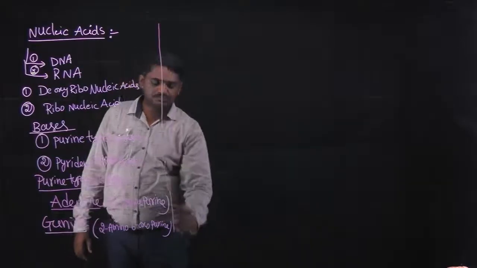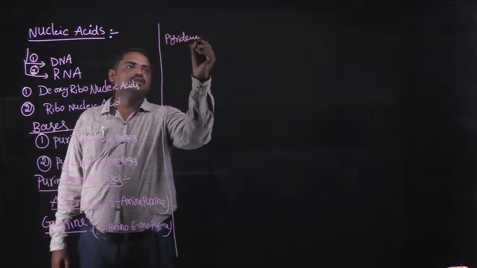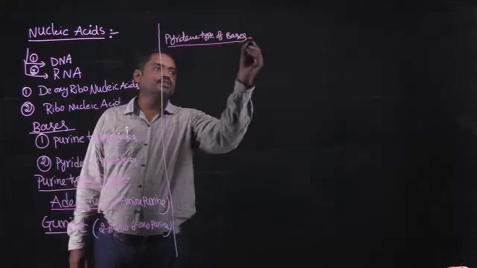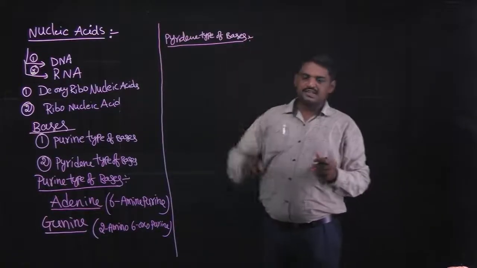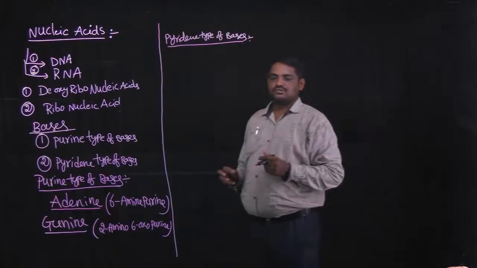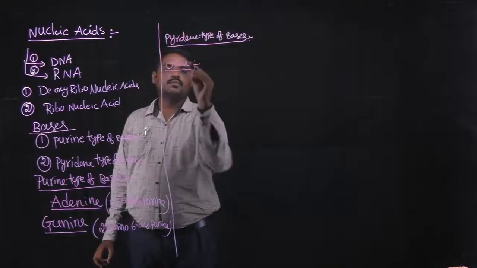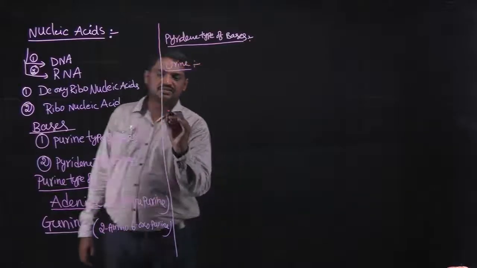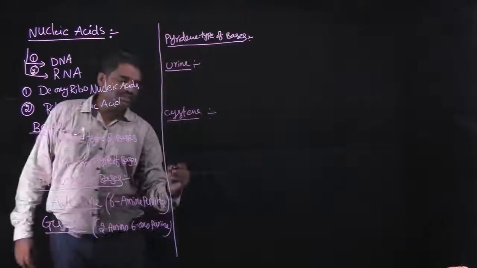And next one, pyrimidine type of bases. Students, some of the examples of pyrimidine type of bases are uracil, and the second one is cytosine, and the third one is thymine.